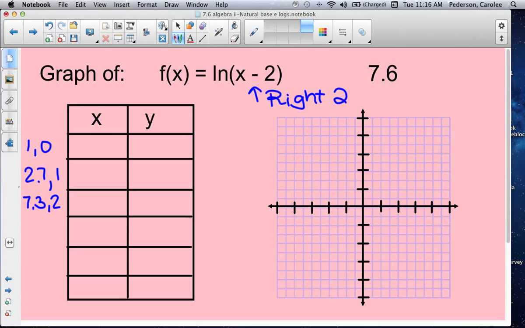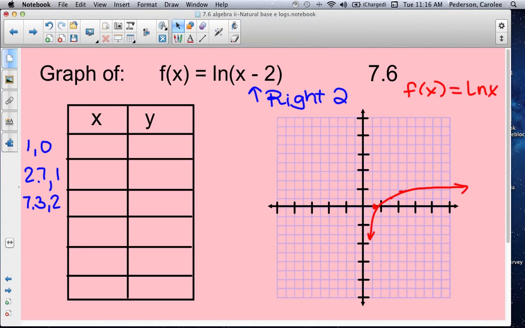If we move those ordered pairs to the right, so if I just graph the original f of x equals ln of x like we did on the previous slide, quick sketch.